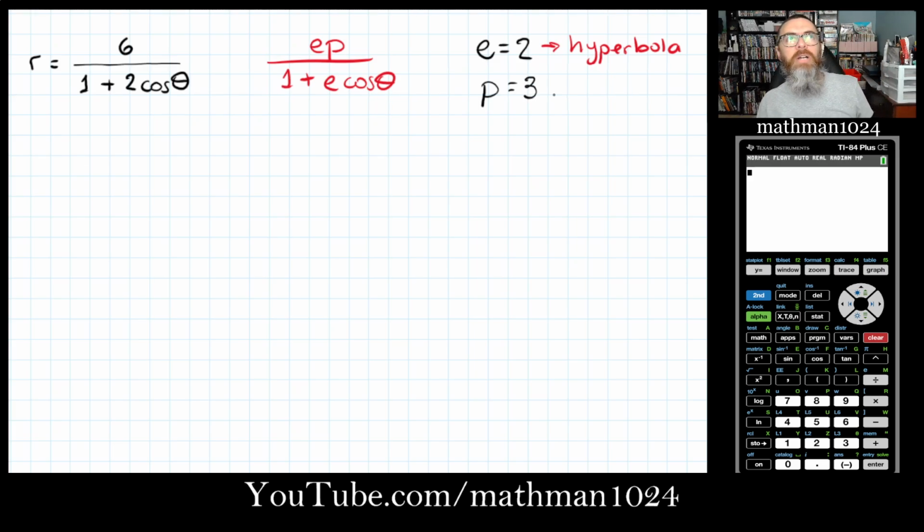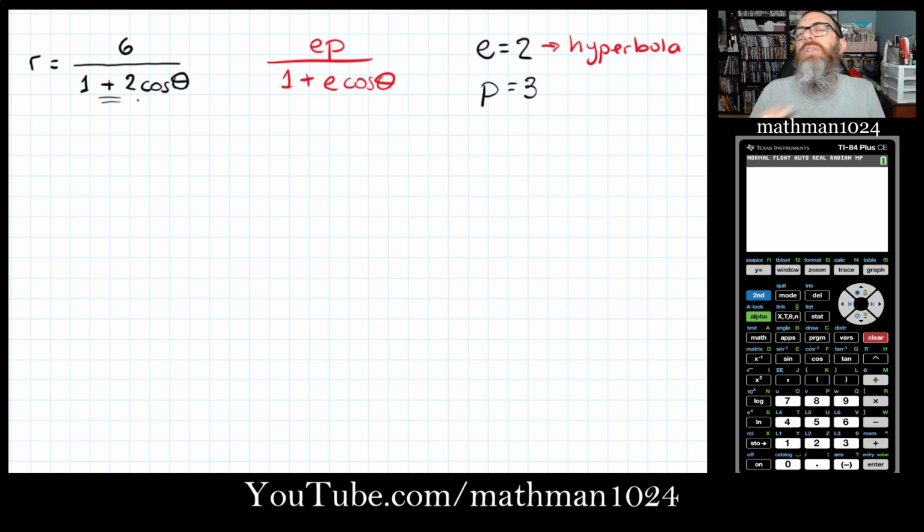So we're talking about that directrix being shifted 3 units, in this case to the right, because that's a plus, of the origin. Now, with hyperbolas, your transverse axis is going to be perpendicular to your directrix.